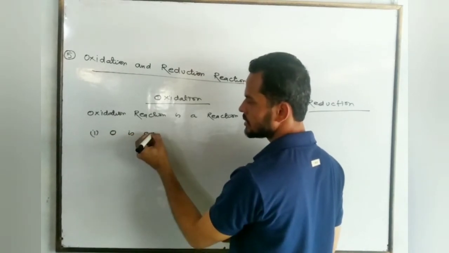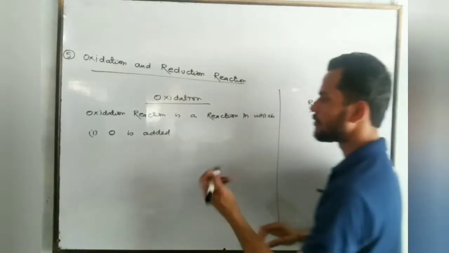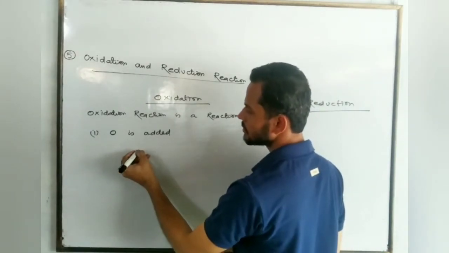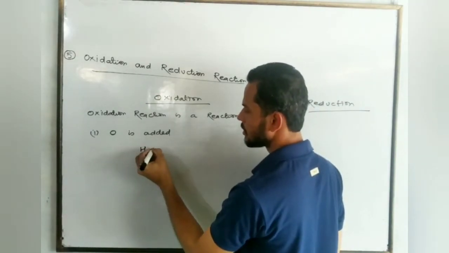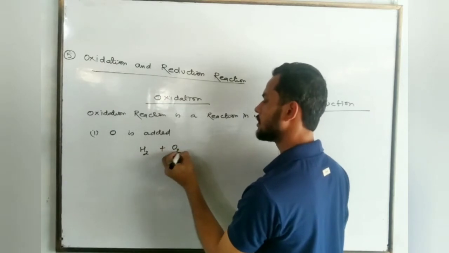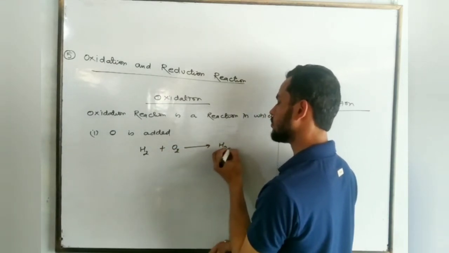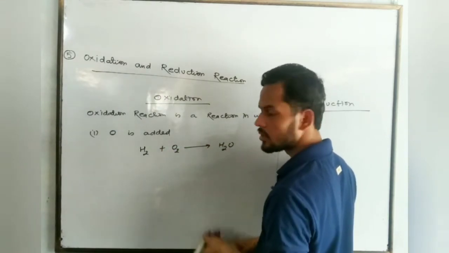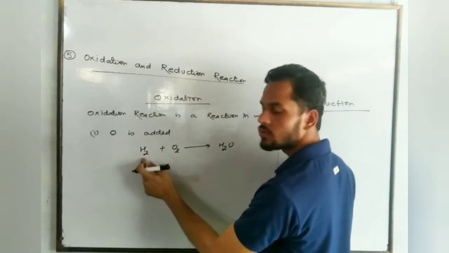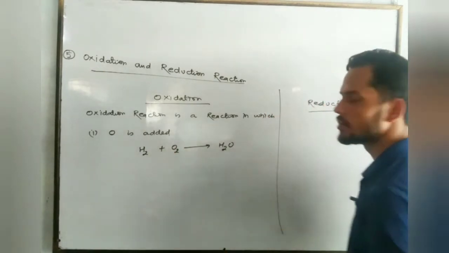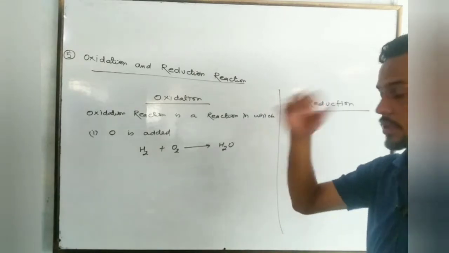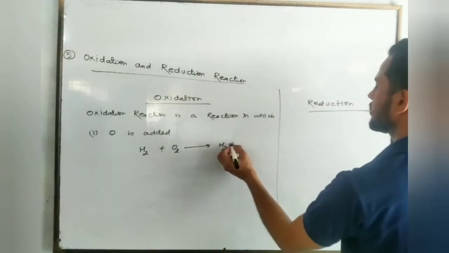O means oxygen is added. For example, when hydrogen H2 reacts with oxygen, then what do we obtain? H2O. Okay, in this reaction oxygen is added to the hydrogen. So this reaction is the example of oxidation reaction. Here oxidation takes place.